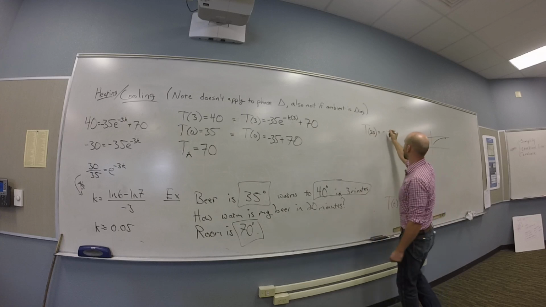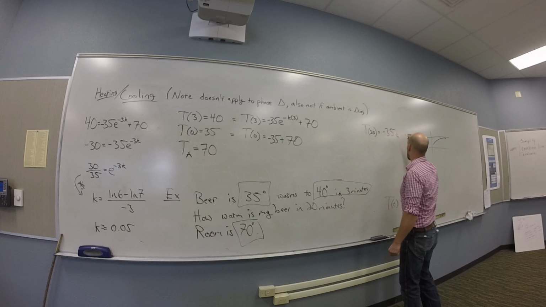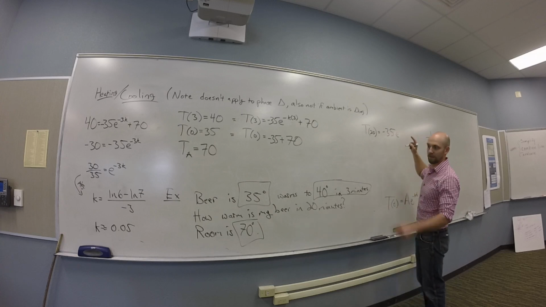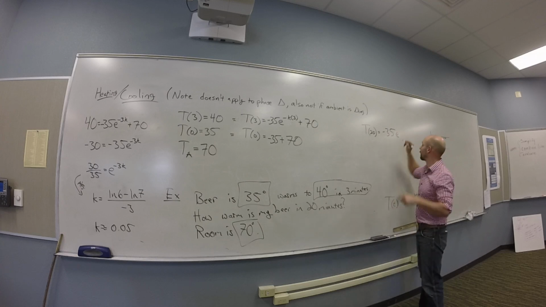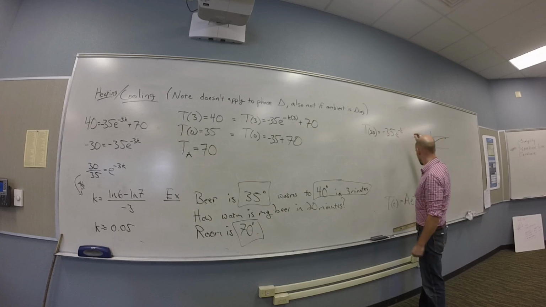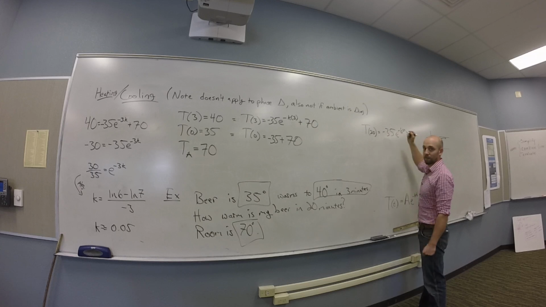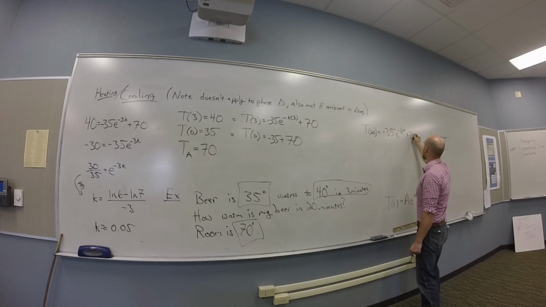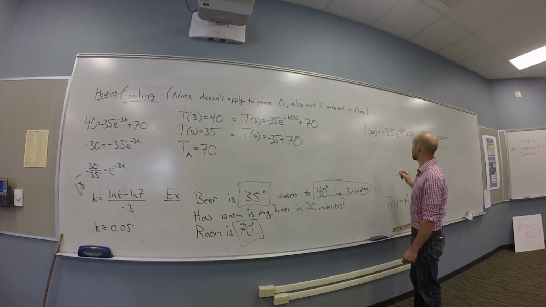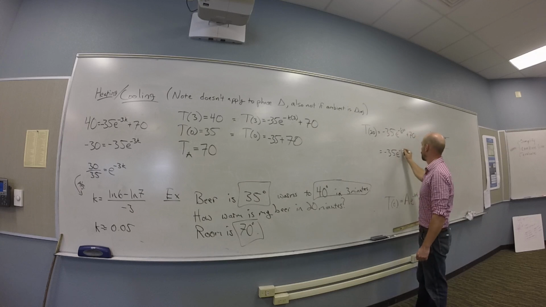I know A was minus 35, then I have e to the negative 1/20 times 20, plus 70. So I got negative 35 times e to the minus 1 plus 70.